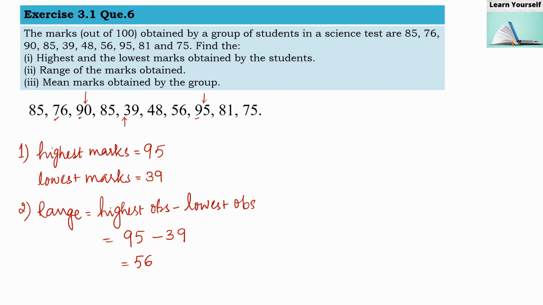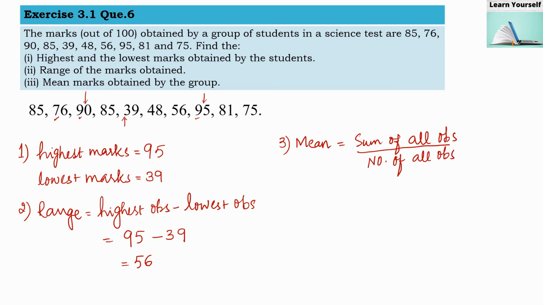Now third question, mean marks obtained by the group. What is the formula for the mean? Mean equals the sum of all the observations divided by the number of observations.